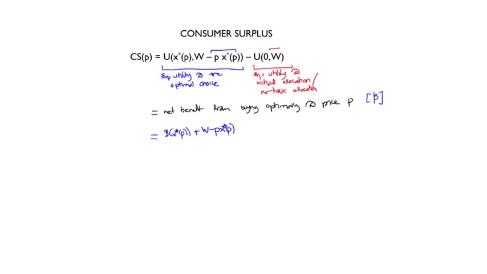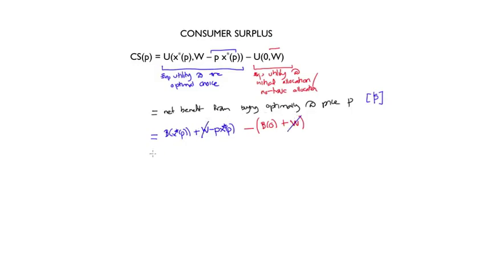Now I'm going to write in red to help you keep track of this, the second term, which is minus B of 0 plus W. This is the utility when you're not trading. Now, let's rearrange this a tiny bit. But first notice that the W's cancel.